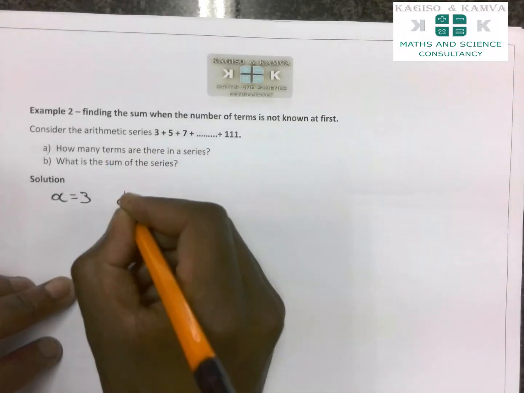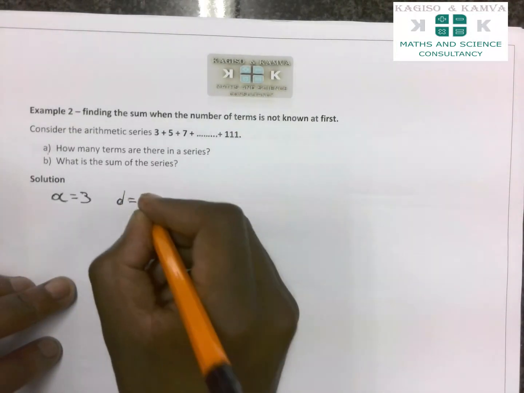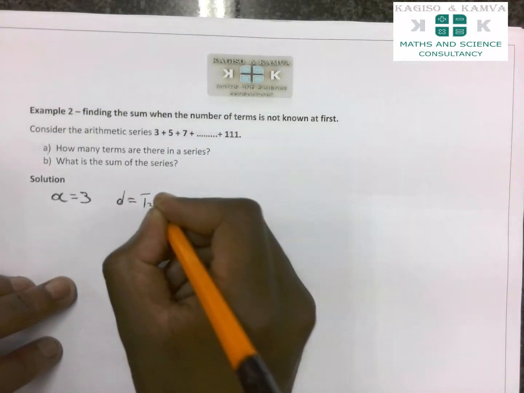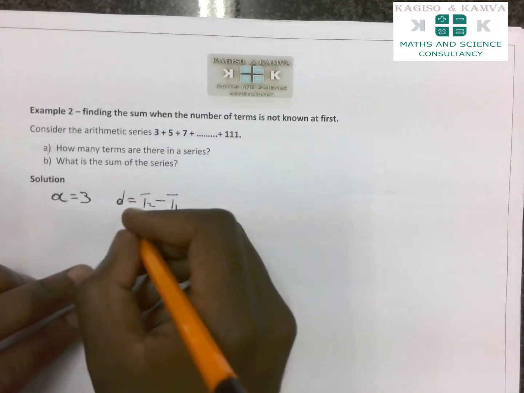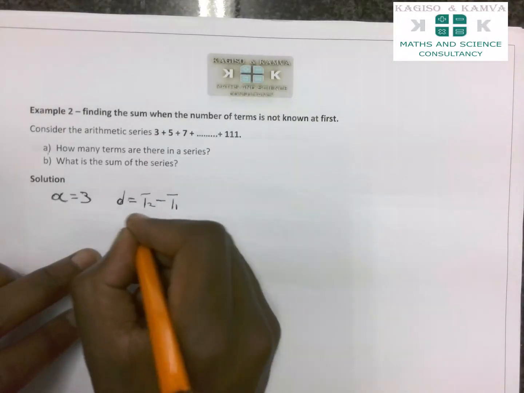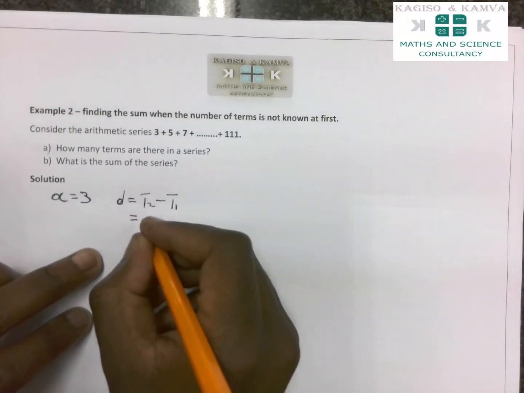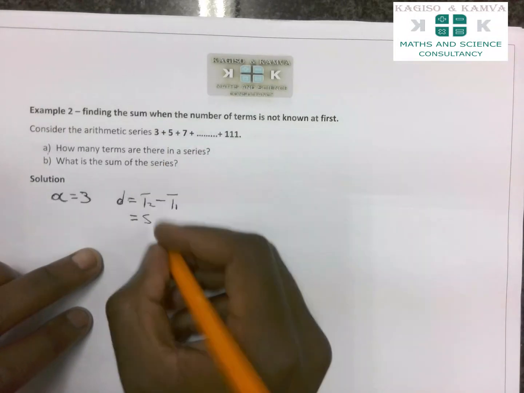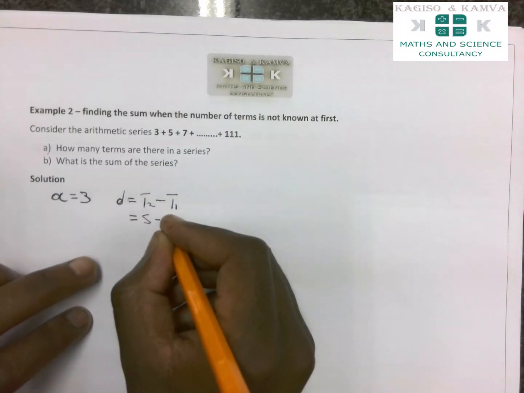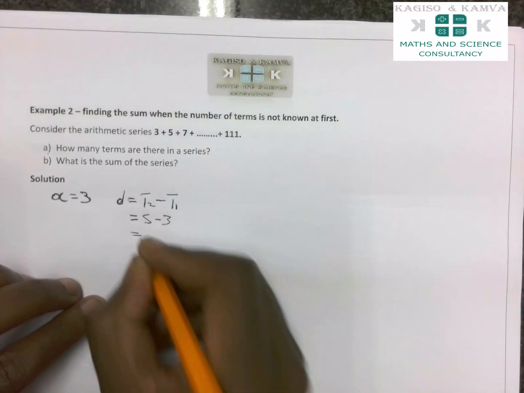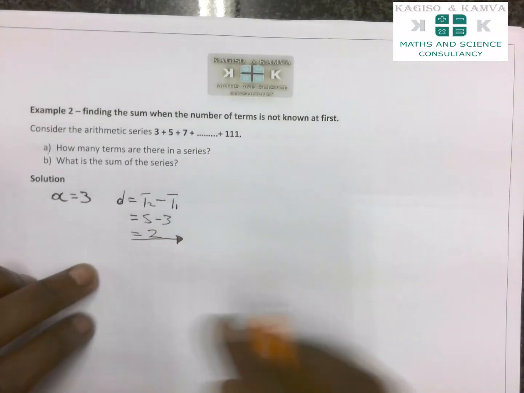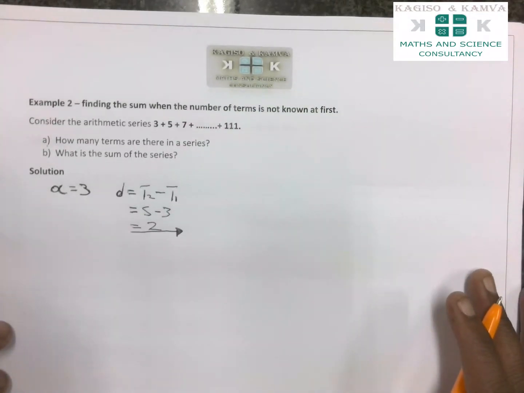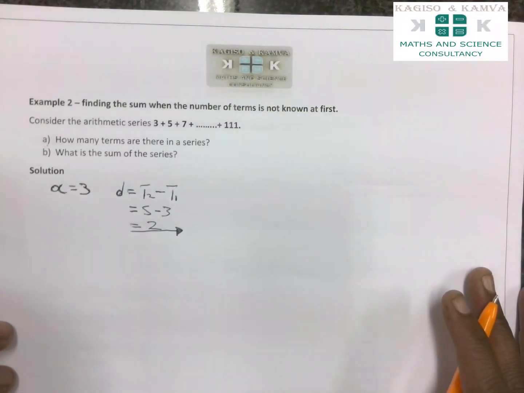The constant difference d is equal to T2 minus T1, so that will be 5 minus 3, which is equal to 2. So that will be our constant difference.